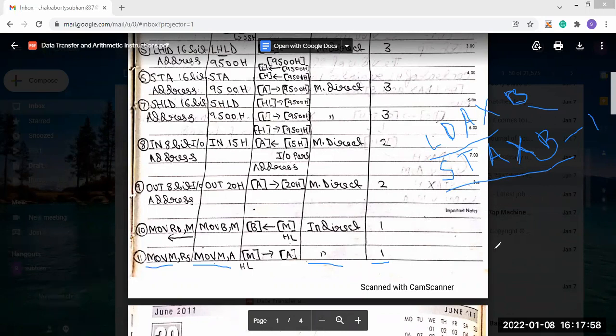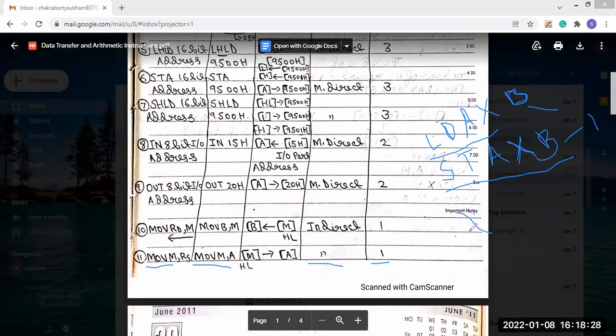The content present in the accumulator will be moved. Now X is given, meaning plural form, so the B register we take as the BC register pair. The content will be moved to the memory address pointed to by the BC register.